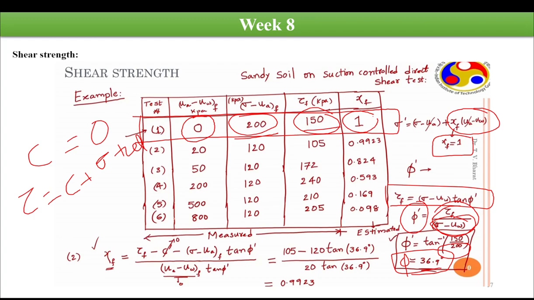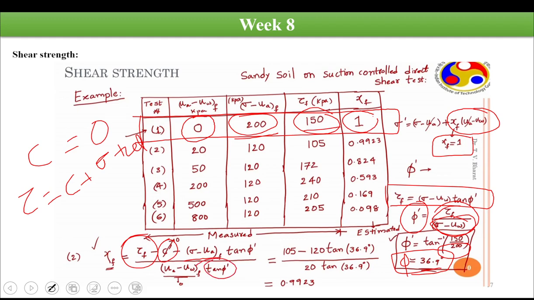Okay. So we can see here the value of chi can be written as (tau f minus c dash minus (sigma minus ua) tan phi dash) upon ((ua minus uw) at failure tan phi dash).